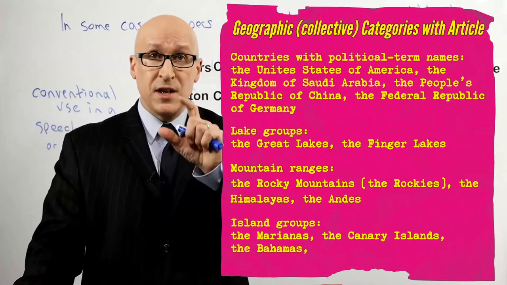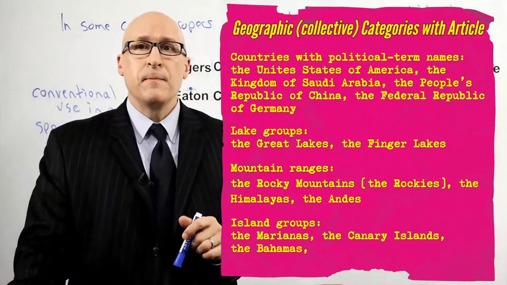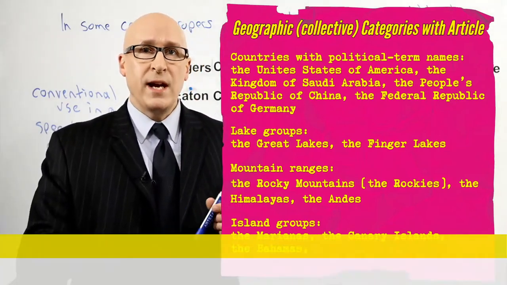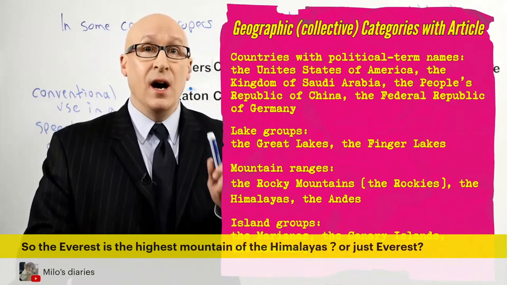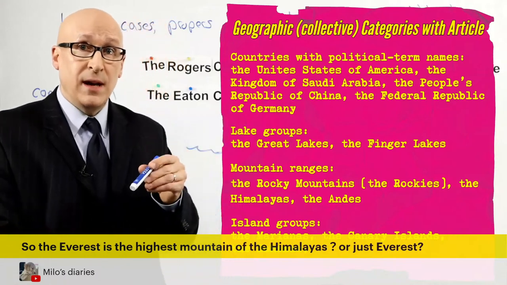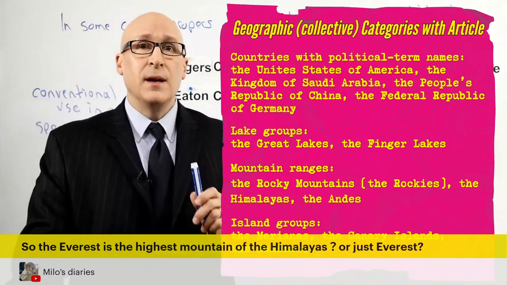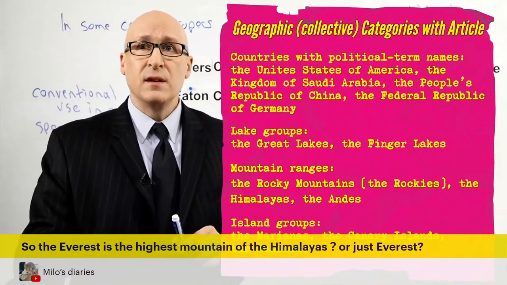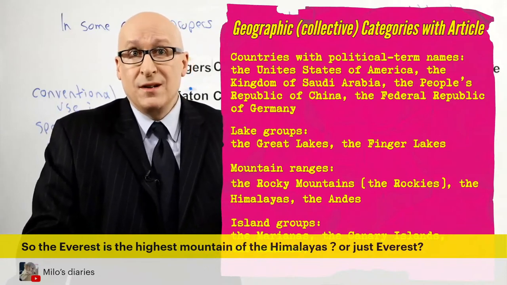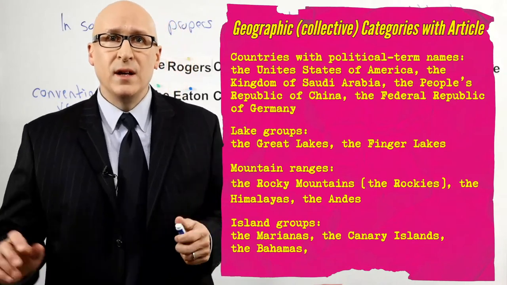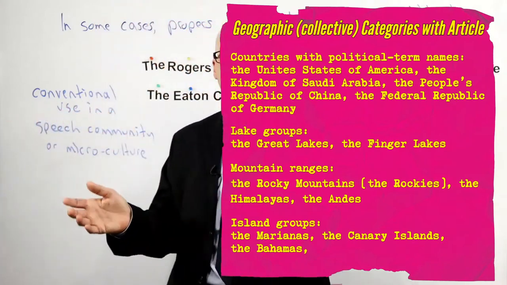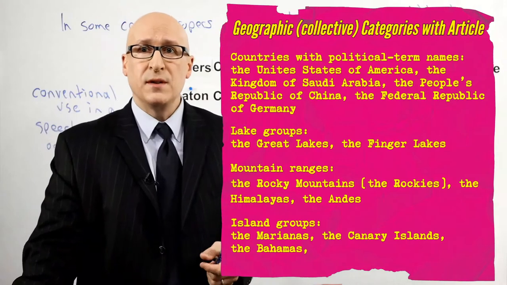A single mountain is just Mount something. So in this case, Mount Everest is the highest mountain of the Himalayas. So the Himalayas is correct, but Mount Everest, or just Everest, because everyone knows Mount Everest is a mountain. Again, when we have conventional use and everyone understands it, we can also drop words.